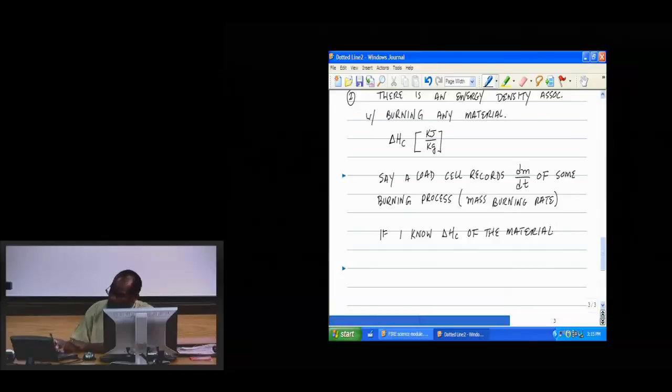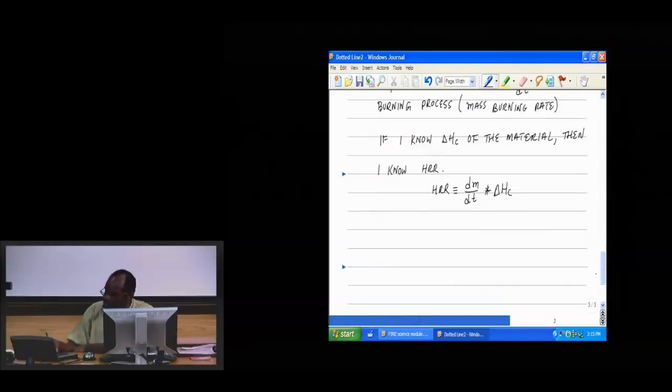Why? Because this HRR that we talked about, this heat release rate, is equal to the mass burning rate times this delta Hc, this heat of combustion.